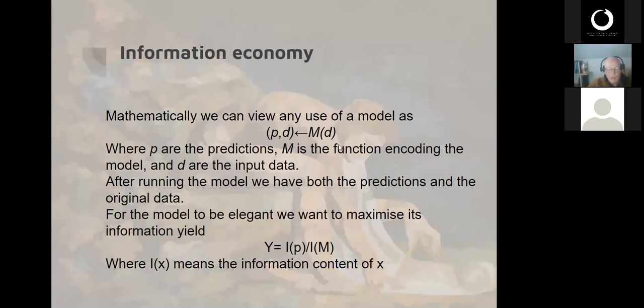The use of a model is something which, given some input data, generates both the original input data plus a set of predictions. It doesn't destroy the input data. After you run the model, you have both the predictions and the input data.